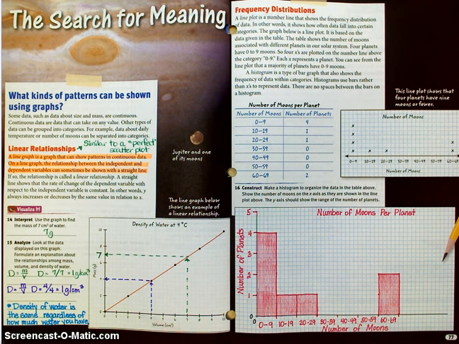I also went to number 16 and constructed the histogram that went with the table and the line plot above it. So make sure that you get that written down and sketched. Also, by linear relationships, I put a little arrow out to the side and I put that it is similar to a perfect scatter plot. So just keep that in mind. They're not the same thing, but they're similar.